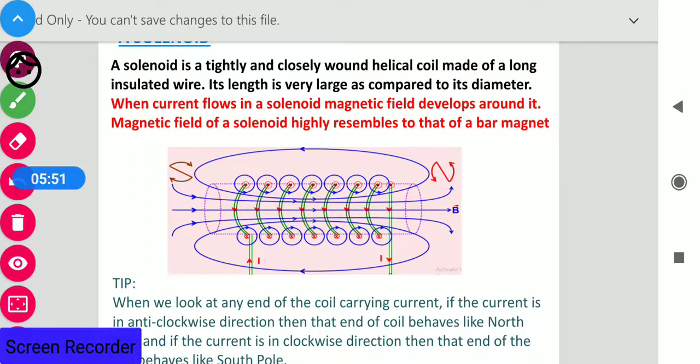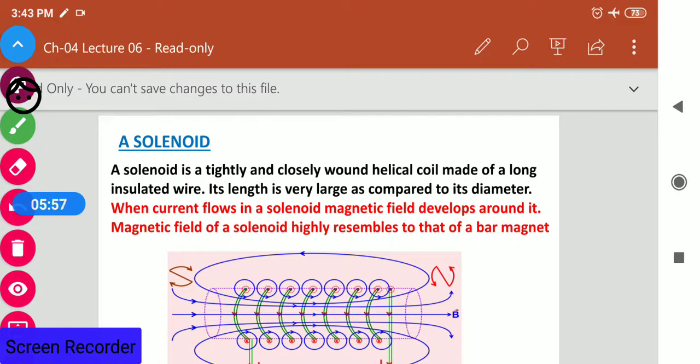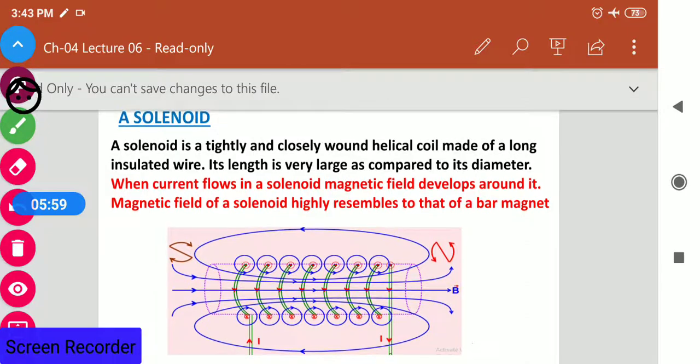Now the solenoid. The word solenoid is quite familiar to all of you. You have studied the solenoid in class 10th also. A solenoid is a tightly and closely wound helical coil made of a long insulated wire. Its length is very large as compared to its diameter.